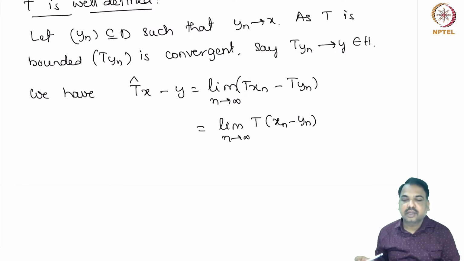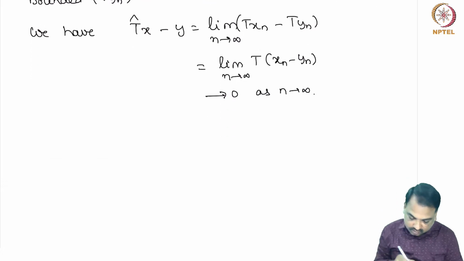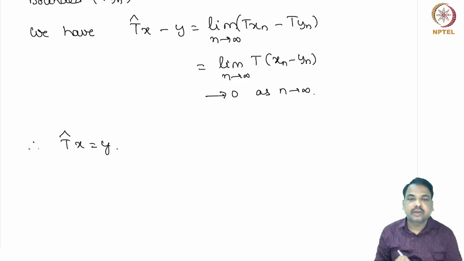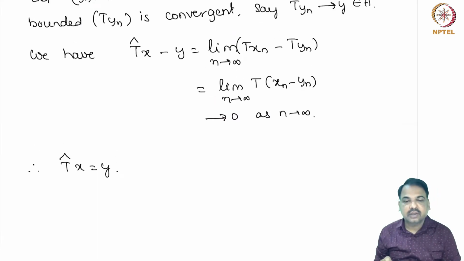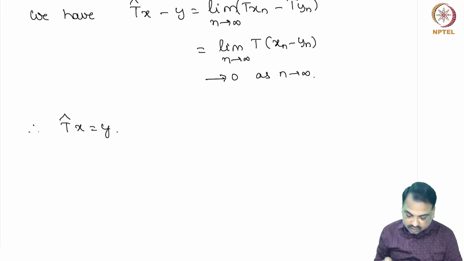Now T is bounded, so T of xn minus yn converges to T of 0, because 0 is an element of D, so this converges to 0 as n tends to infinity. So therefore we can say that T hat x equals y. So whatever sequence you choose to approximate x, the definition of T hat x does not depend on the sequence. So that means T hat is well defined.